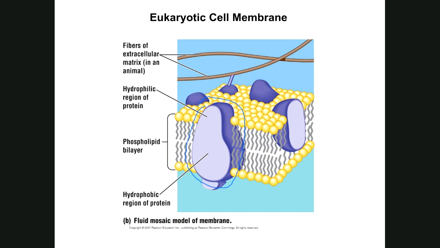If you recall, I said the Golgi apparatus modifies and sorts proteins, and when it sorts proteins, it sends them in one of three directions. One of those directions is to insert them into the cell membrane. This is a protein that's been inserted into the cell membrane, and so is this one, but this one doesn't go all the way across. Only those that are inserted and cut all the way through the membrane, where part of them faces the ICF and part of them faces the ECF, are what we call transmembrane proteins.